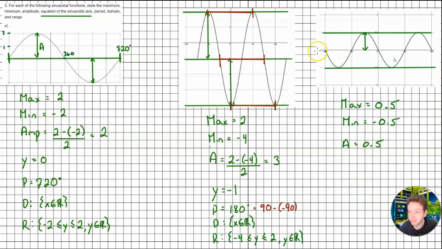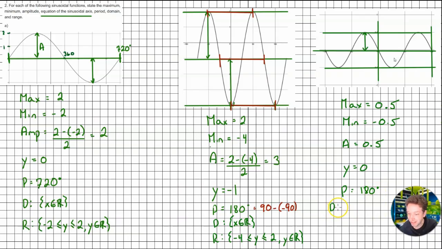Our equation for our sinusoidal axis is right in the middle. So that's y equals 0. And our period, let's start at 0 because it's easy. And where we are repeating is 180. So period is 180 degrees.